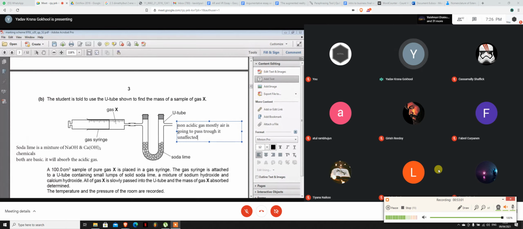Cambridge has not taken that into consideration, but I'm just telling you that here the soda lime is going to not only absorb the acidic gas which has been produced from the earlier experiment, but also the carbon dioxide. But we all know the percentage of carbon dioxide in air is very, very minimal, so it is not going to bring such a big change.